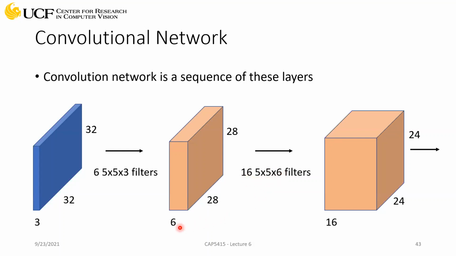So make a note of this, the depth is matching here, right? 6 with 6. And you're using 16 filters. Therefore, the depth of the next activation map will be 16. And similarly, you can stack these kernels on top of each other. So this will be your deep convolution neural network. So it's just a sequence of these layers.